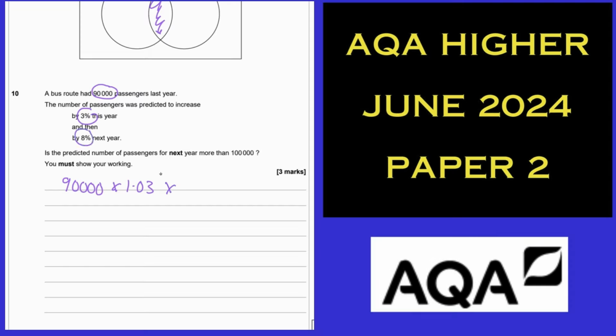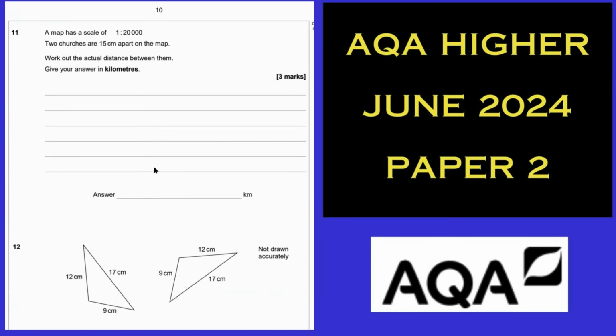And for 8%, add 8 pence onto your pound. On your calc, that should give you 100,116. But don't forget to answer the question. It says, is it more than 100,000? Needs a yes to get full marks.